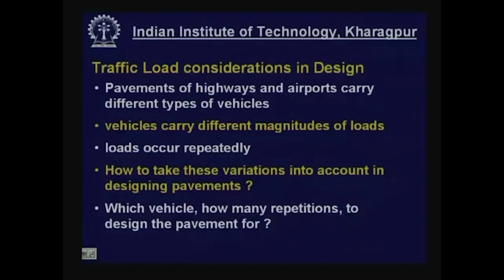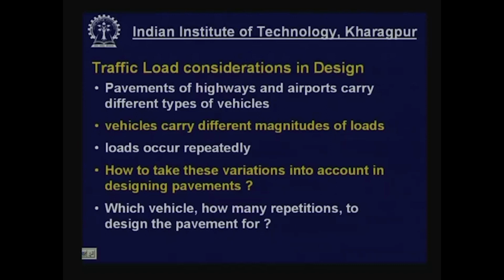Normally, traffic load is considered in design in different ways. We understand that pavements of highways, airports or other types of roads carry different types of vehicles. This we discussed in the previous lesson. These vehicles, which are different in shape and size, carry different magnitudes of loads, and these loads occur repeatedly.